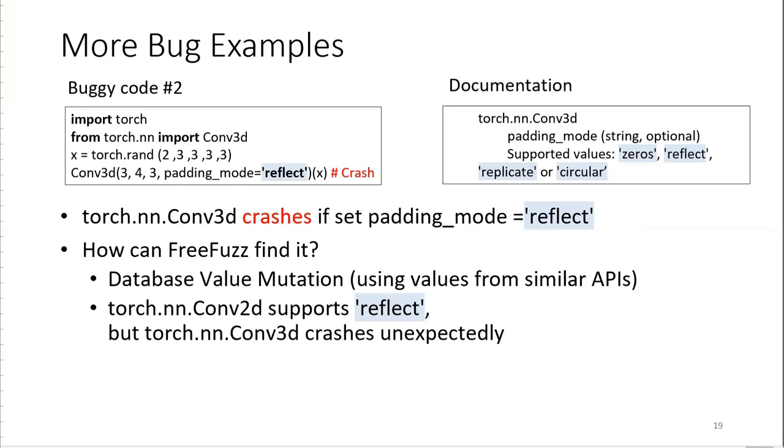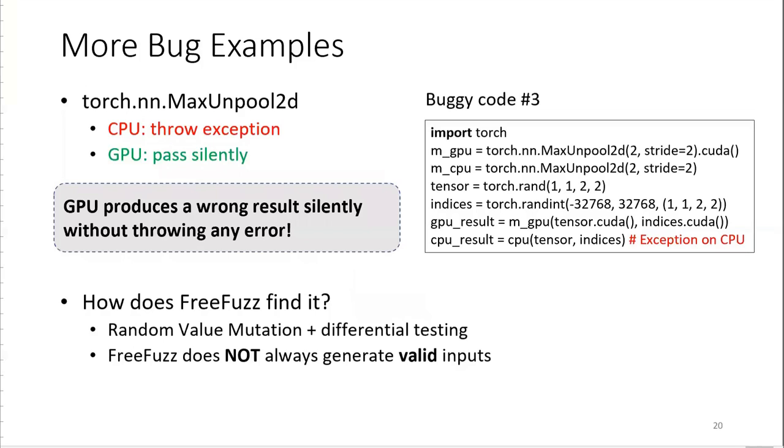Here we show another bug found in MaxUnpool2d. This bug is an interesting one because for the same input tensor, it throws an exception on CPU but passes silently on GPU. After inspection, we find that the exception is expected because the input is actually invalid. So GPU produces a wrong result silently without throwing any error.